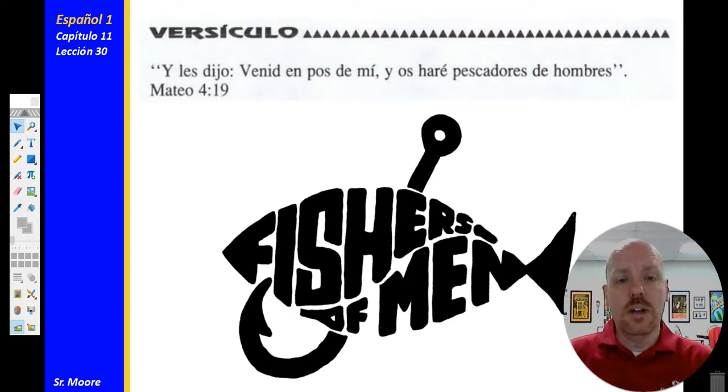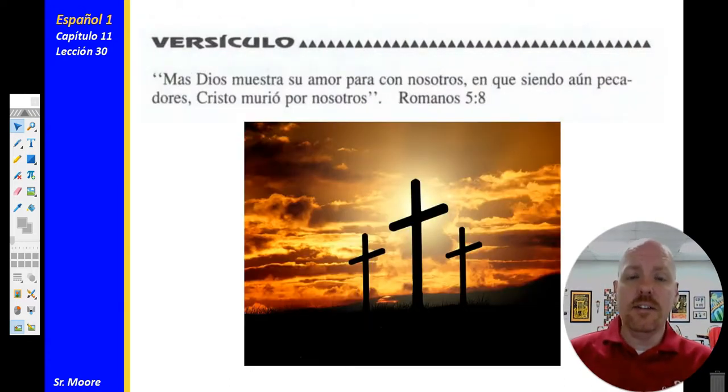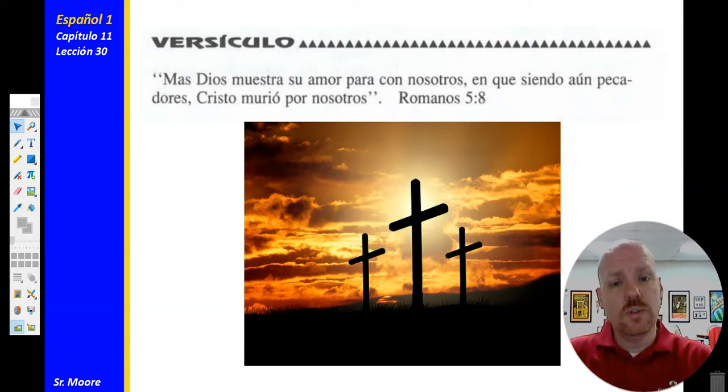Y les dijo, venid en pos de mí, y os haré pescadores de hombres. Mateo 4:19. Y el tercer versículo que estamos aprendiendo es Romanos 5:8.